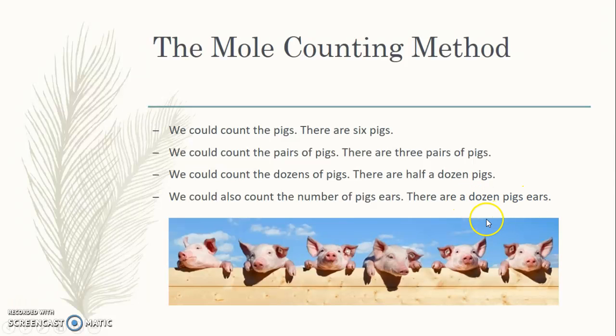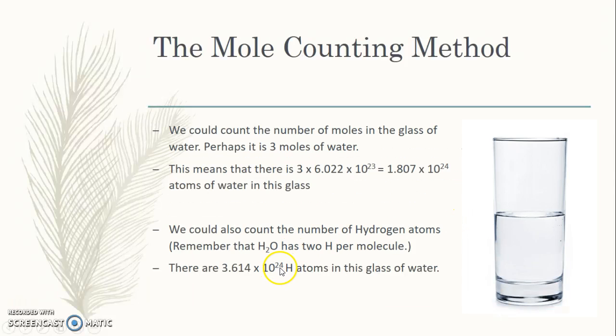That means we have a full dozen of ears. For 3 moles of water, we're going to have 1.807 by 10 to the 24 atoms of water, and therefore we times that by 2, which is 3.6 by 10 to the 24, right?